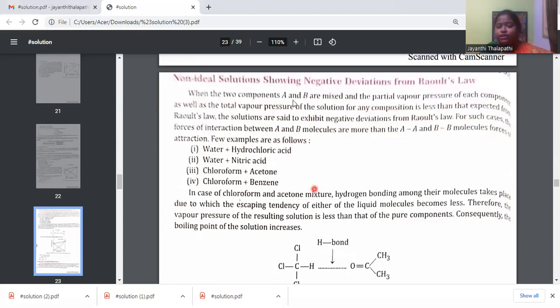Now, non-ideal solutions showing negative deviations from Raoult's law. A few examples: water with hydrochloric acid, water with nitric acid, chloroform with acetone, chloroform with benzene.